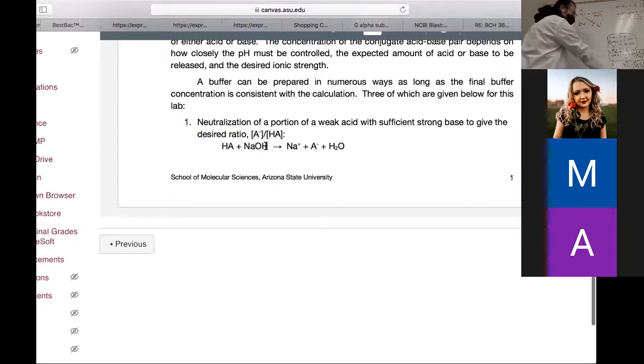So if you go back to this part, you calculate the concentration of weak base, which is here, and that will give you how much of the strong base you need. The strong base you need initially equals the concentration of the weak base.